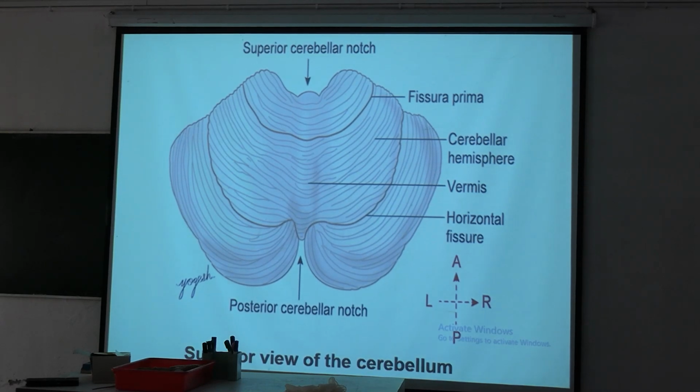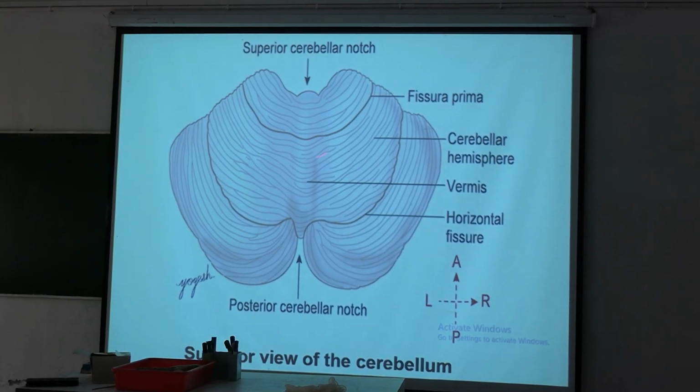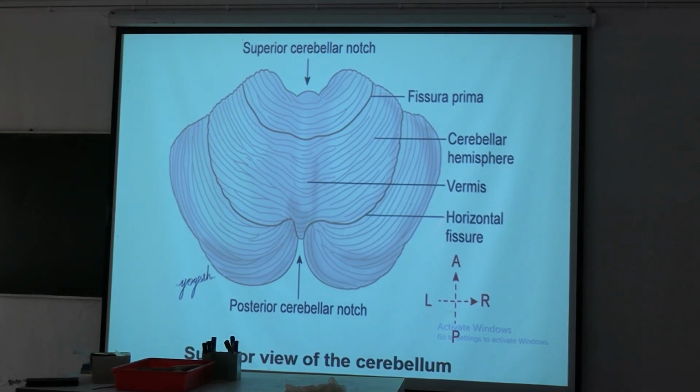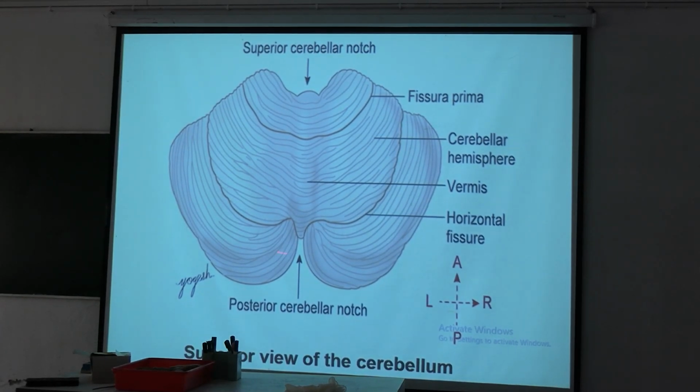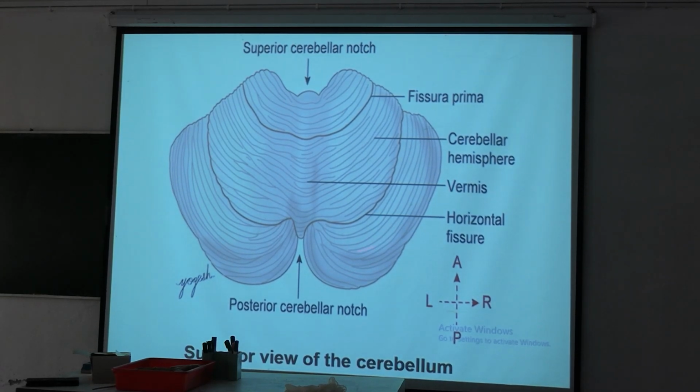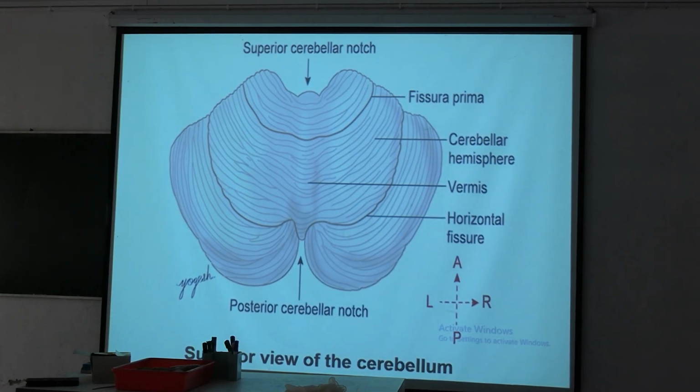This is fissura prima, which separates the anterior lobe from the posterior lobe, and this is the horizontal fissure, which separates the superior surface from the inferior surface. The flocculonodular lobe is lying in the inferior surface.